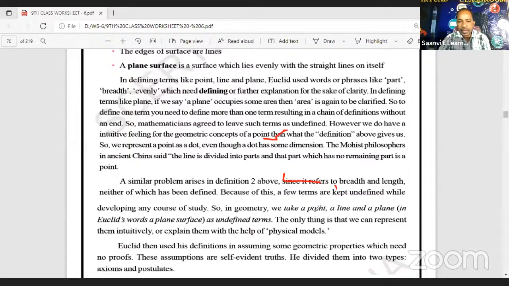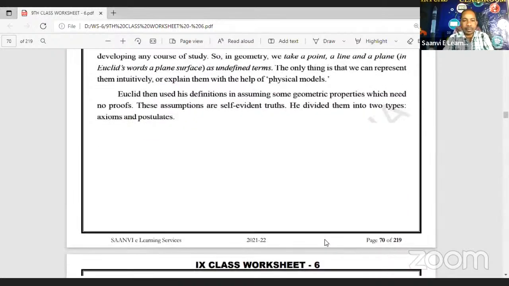The undefined terms are point, line, and plane. There is no definition for these 3 words according to Euclid. So these 3, point, line, and plane, are the undefined terms. Okay, children, so remember them.